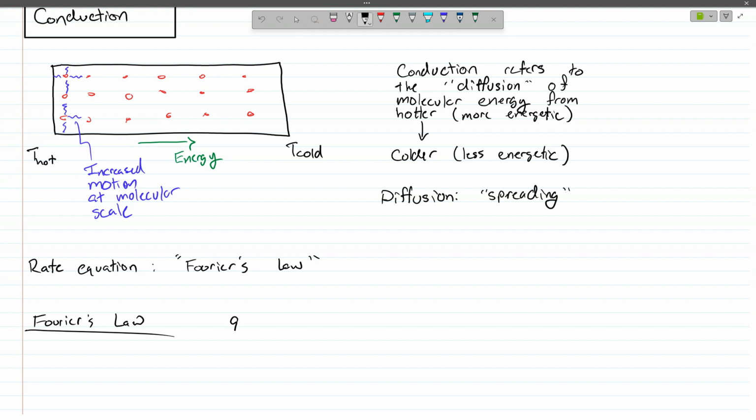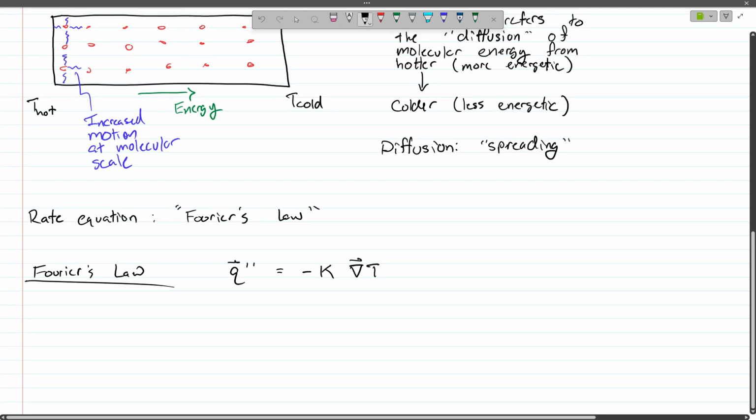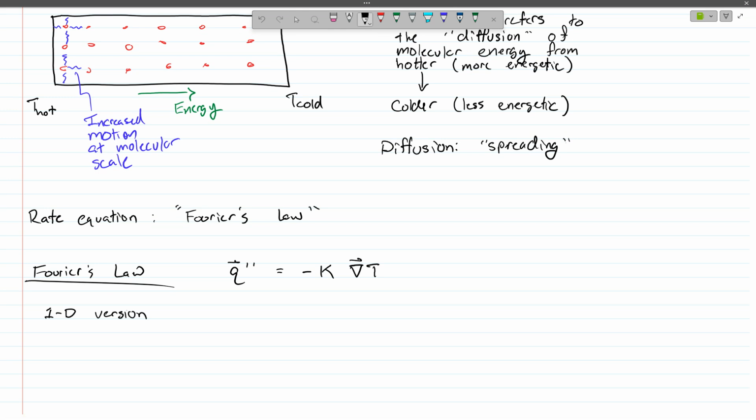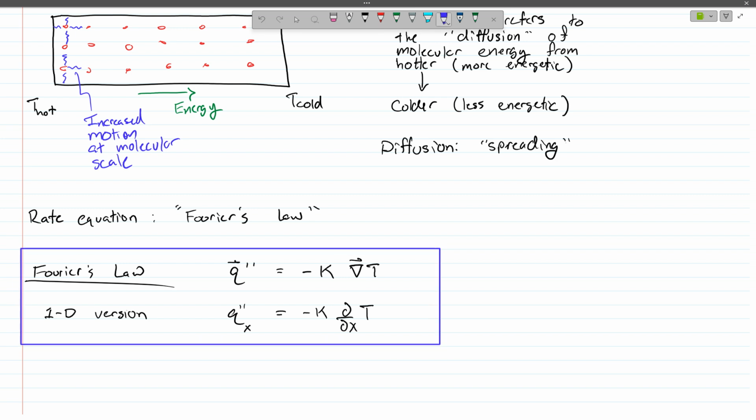Fourier's law says that q double prime, right, there's our heat flux vector, is equal to negative k times gradient T. To make this a little bit more digestible, let's also state the 1D version, which would say that q double prime in x is equal to negative k times partial T partial x. So a few things to note about this. Let's box that in. This is an important one.